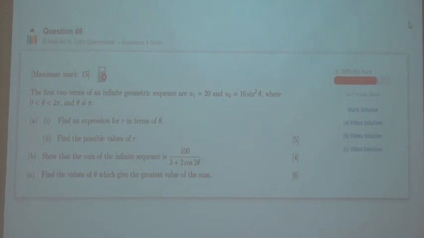Okay, so 4 into bracket. If I need 2 here, I could take 3 plus 2 minus 4 sine squared theta. Can you see this? This is 3 plus 2 bracket, 1 minus 2 sine squared, that. And this is your cos 2 theta.